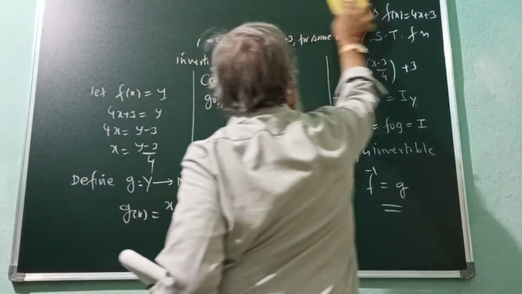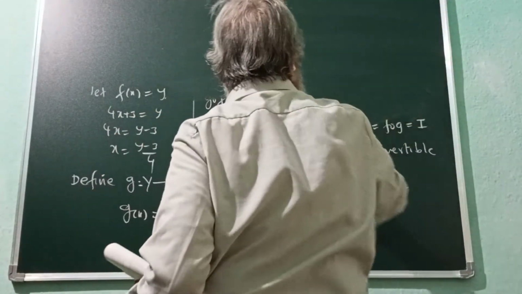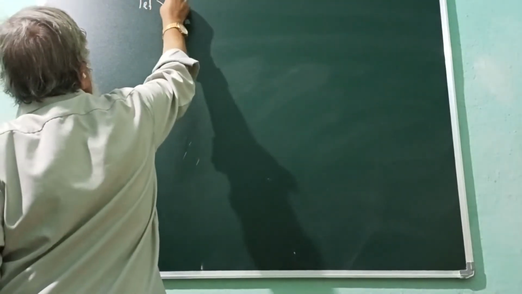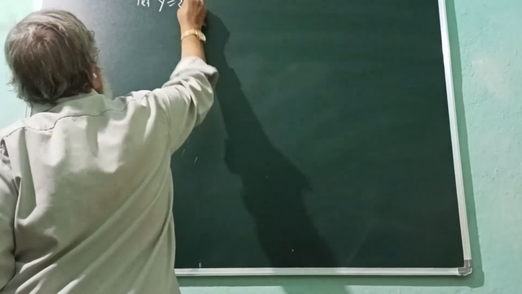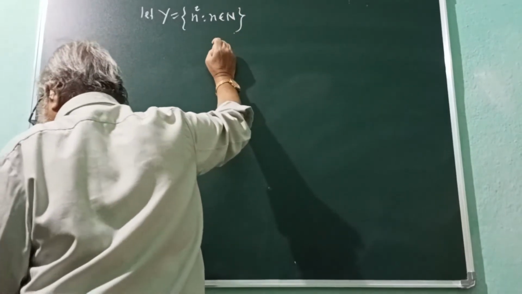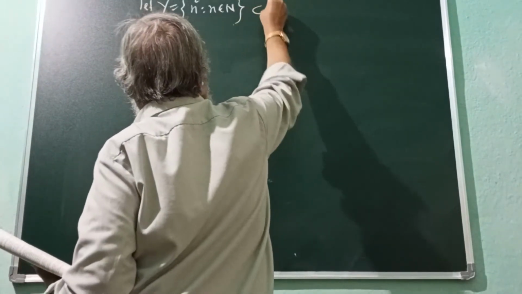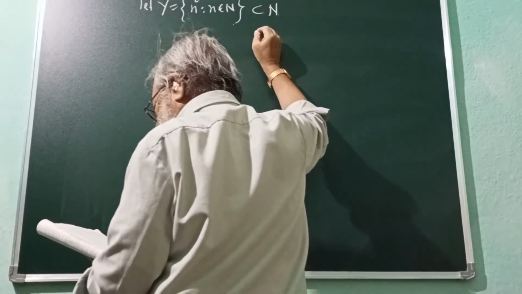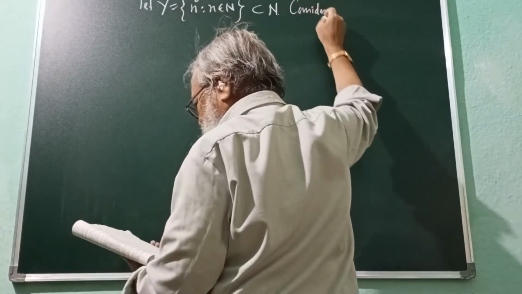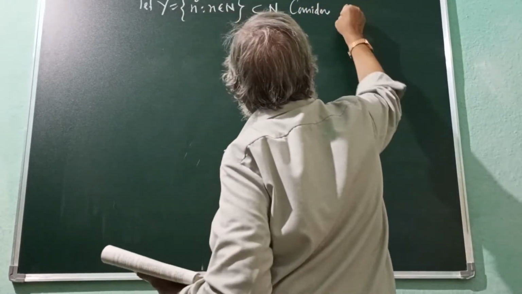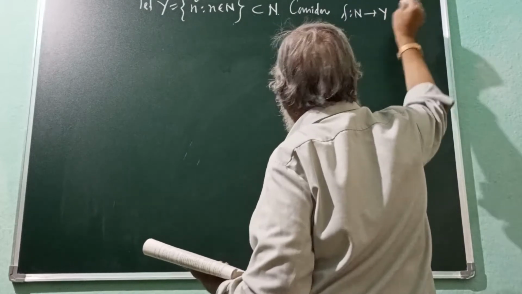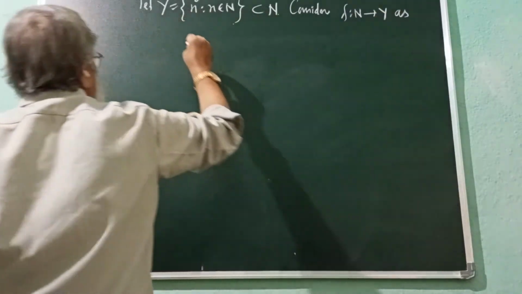Next problem. Y is equal to n square such that n belongs to N, which is a subset of N. Consider f from N to Y as f of n is equal to n square.